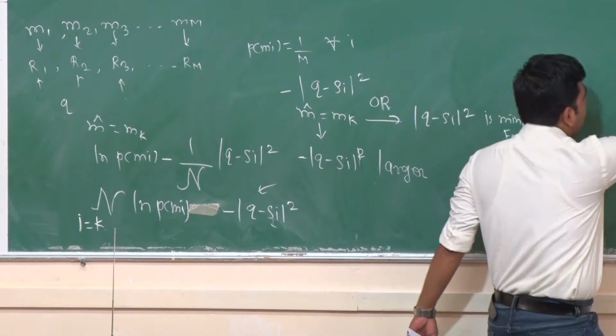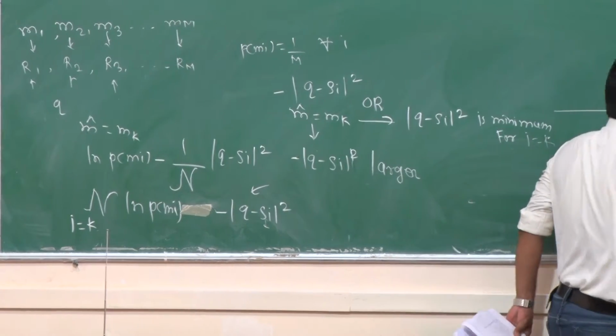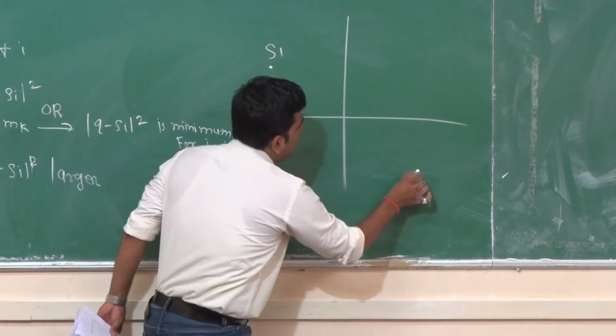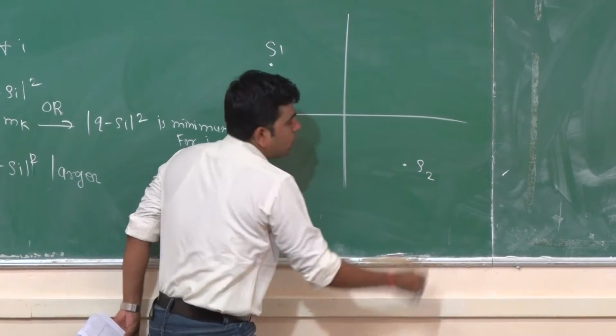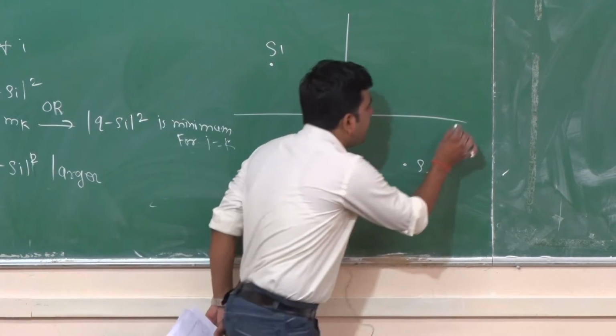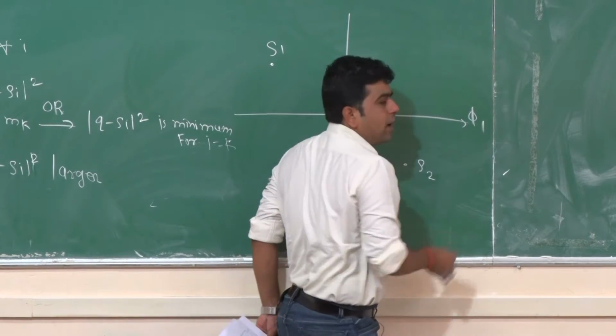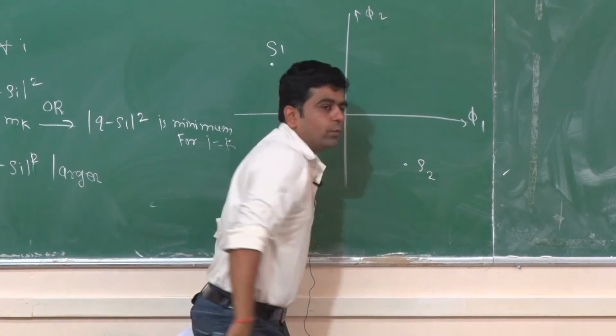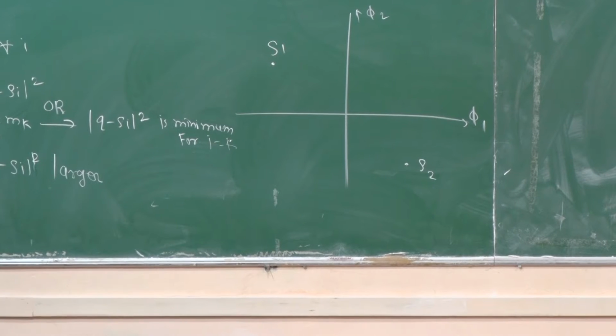So we have to select 2 points, S1 and S2, which can be represented, these 2 signals can be represented by 2 basis functions phi1 and phi2. Is it clear?